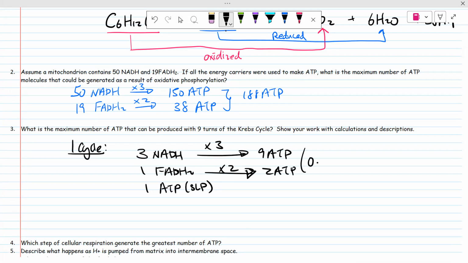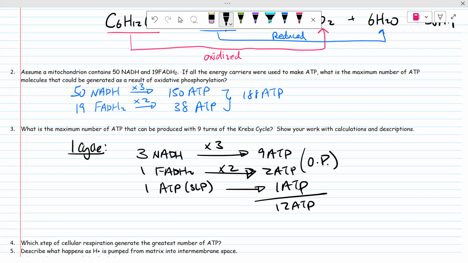So these are from oxidative phosphorylation. So that's how you get the 12 per cycle. If all the energy carriers produced in the cycle go to the ETC and become ATP, you will get 11 plus the extra one here, 12. You guys all understand where the 12 comes from?